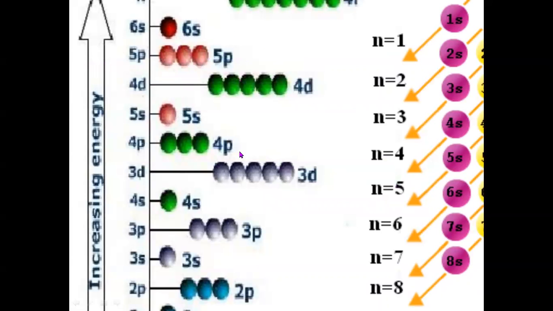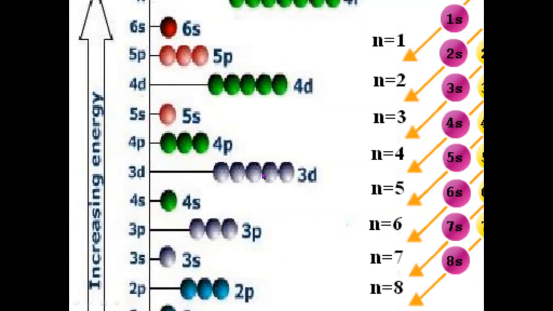This chart again gives you an idea of orbitals in the increasing order of their energies. Here 1s, then 2s, 2p, 3s, 3p, 4s, then comes 3d. After 3p, we cannot write 3d. First we have to write 4s, then 3d.